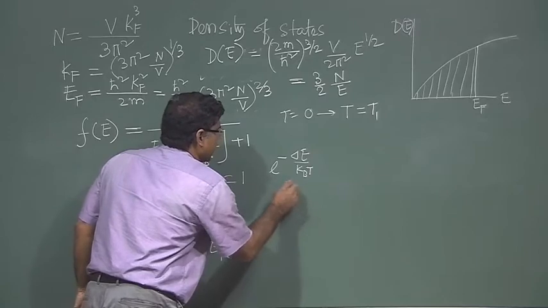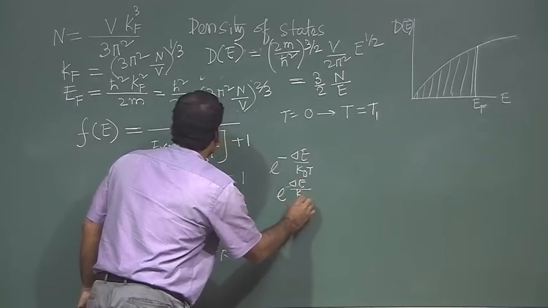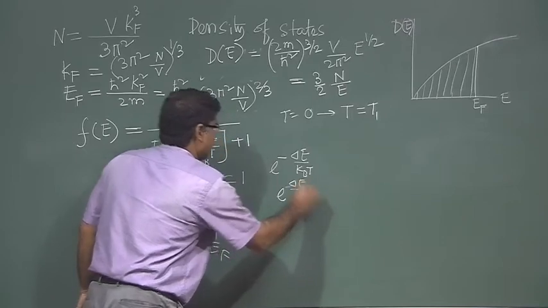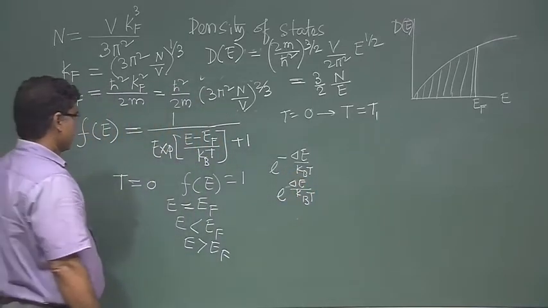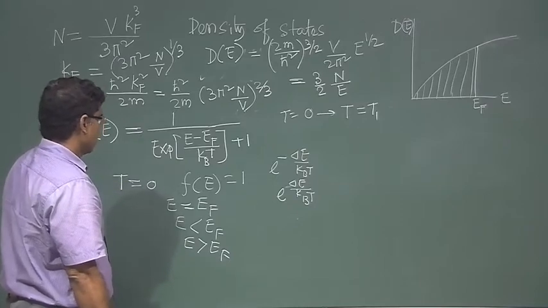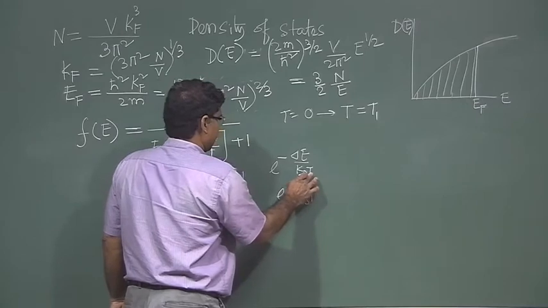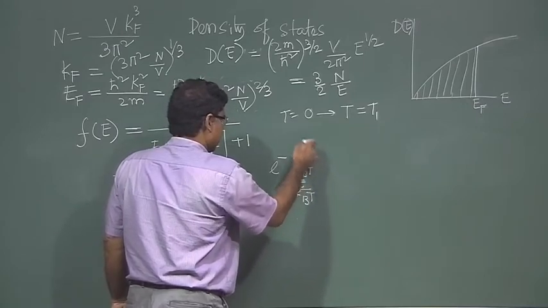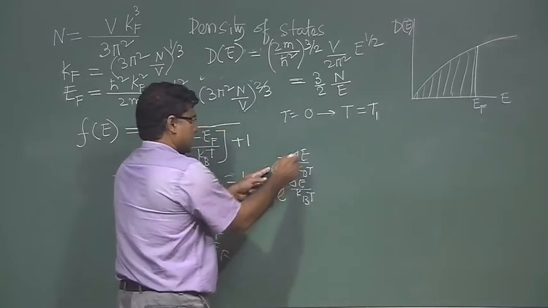So, not minus, so del E by kBT. Okay. So, in this case for T equal to 0, this is infinity.